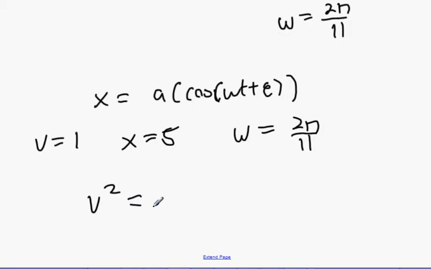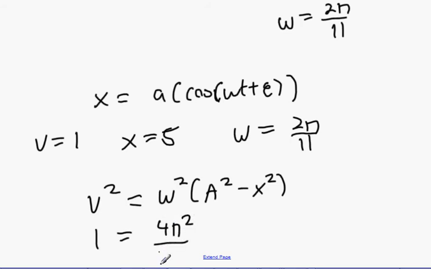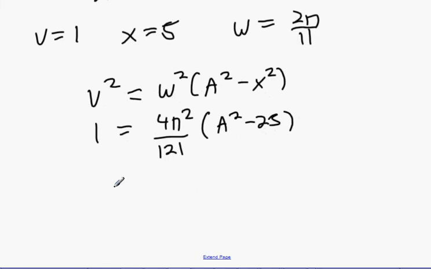We could have used v squared equals omega squared times a squared minus x squared. So what I could have got here was 1 equals 4 pi squared over 121 times a squared, which we don't know, minus x squared, which is 25. I think I have enough there to solve that.